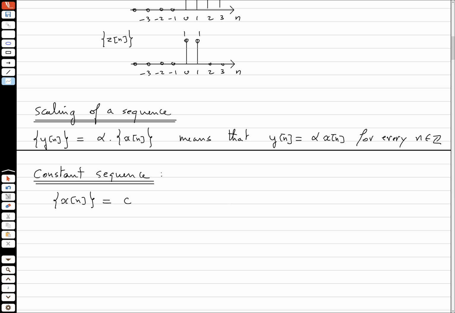A sequence, remember, is not a number. It's a sequence of an infinite number of numbers. So if I write a sequence equals a number, normally it doesn't have a meaning. However, if we do write it, it will mean x of n equals c for every n.